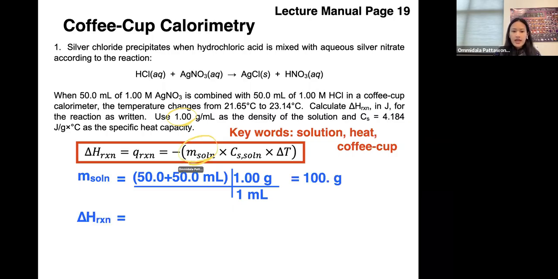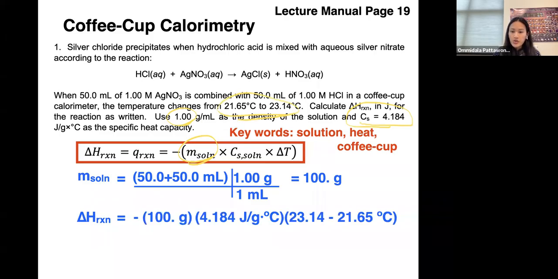The next thing is we are going to need to look at the specific heat of the solution. Obviously it's giving you one value right here, so that is the specific heat of the solution. Do we know delta T? Well, obviously it's giving you both temperatures, so we should. So in this case, all you need to do is plug those in.